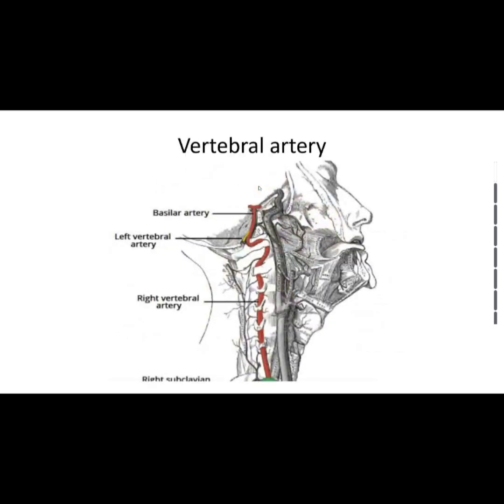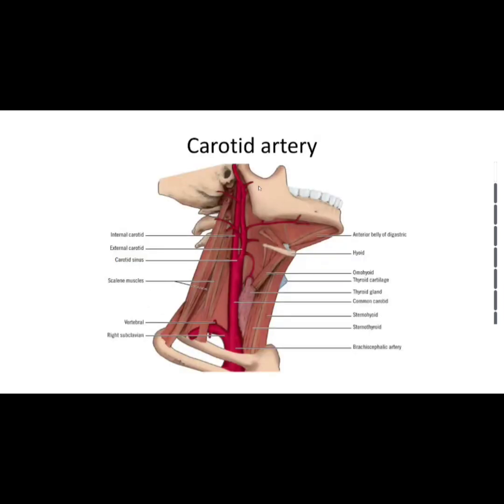And then we have another supply, the common carotid artery, that branches into an external carotid artery that supplies mainly the scalp and the face, and then we have the internal carotid artery that gets into the brain to form that circle of Willis together with the vertebral artery and supply the brain. So you can see those relations.